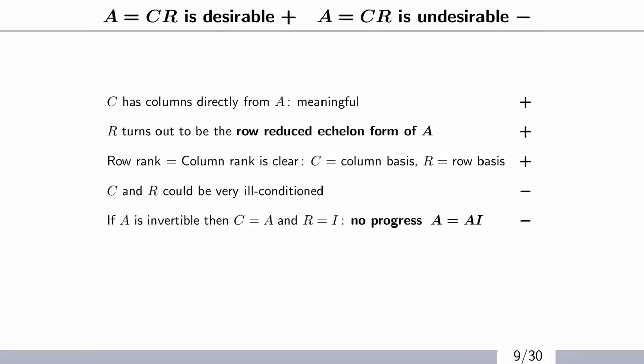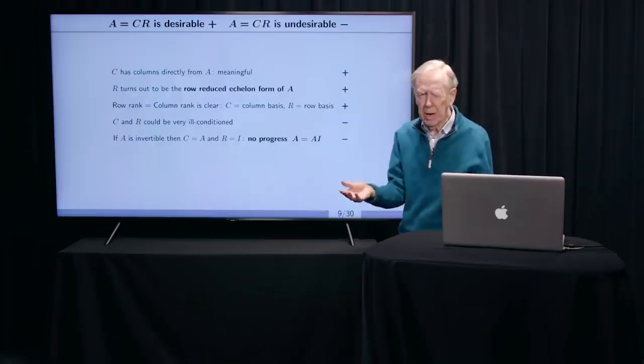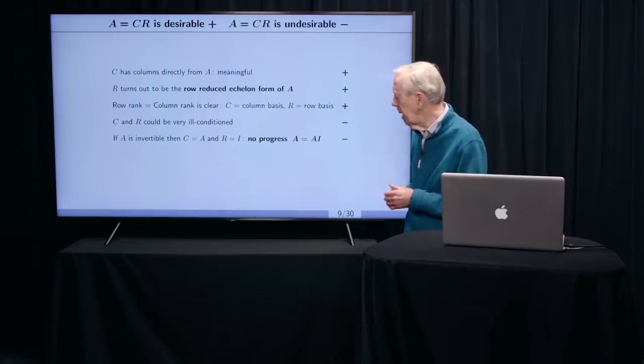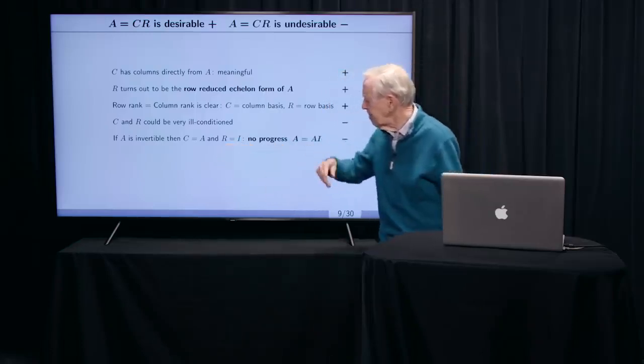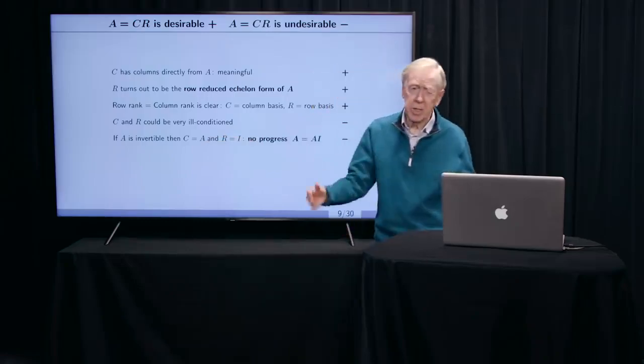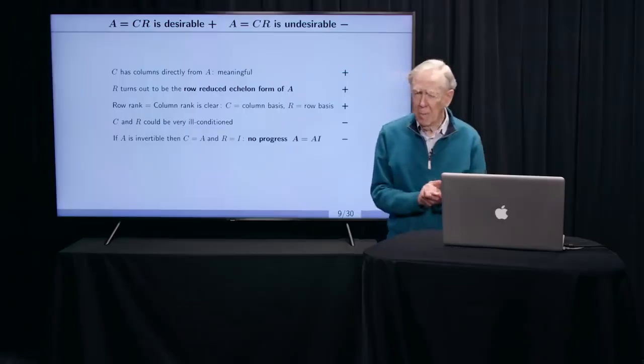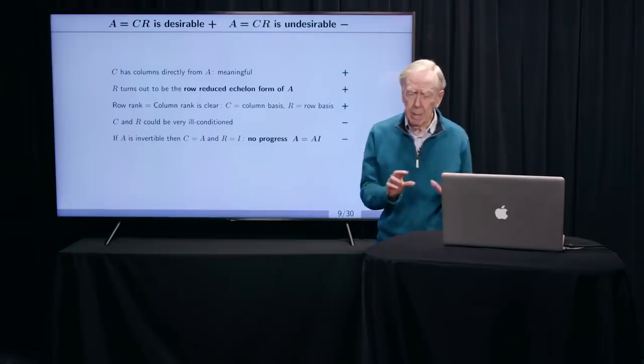And also, we often have a square matrix where all the columns are independent. We can solve Ax equals b all the time. But then if all the columns are independent, then our matrix C is just the same as A. We didn't get anywhere. And R would be the identity matrix, because A equals C. So this is the starting point, picking out the independent columns, but not the end, of course.